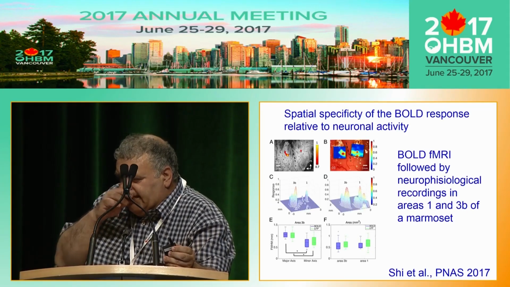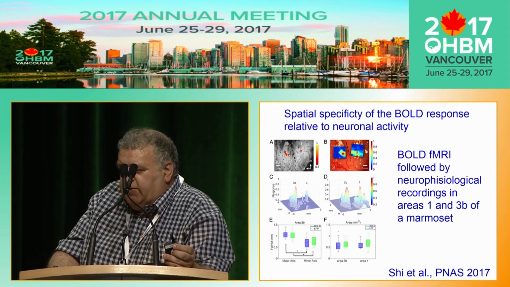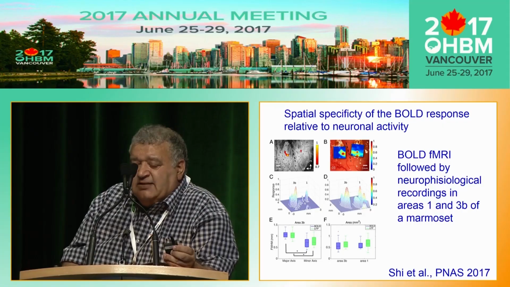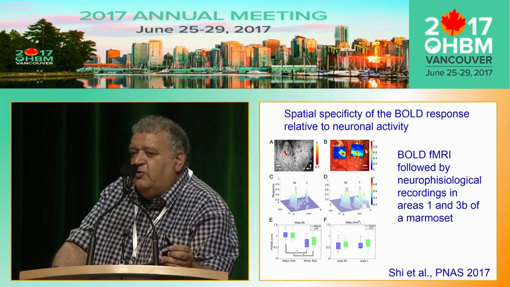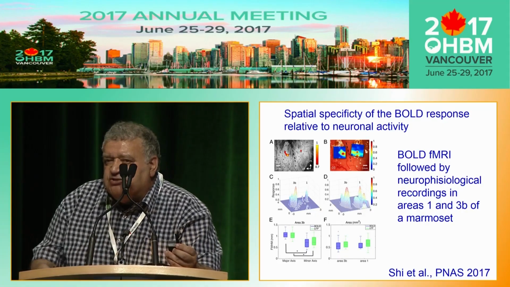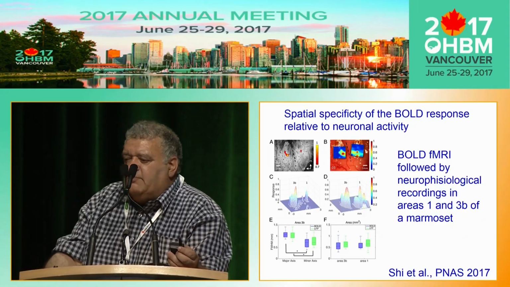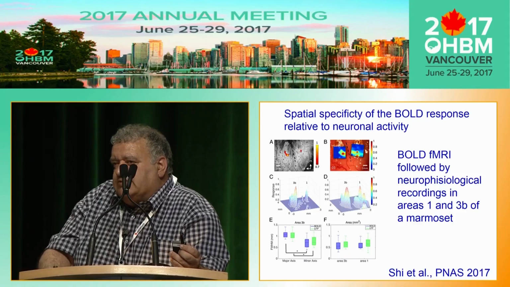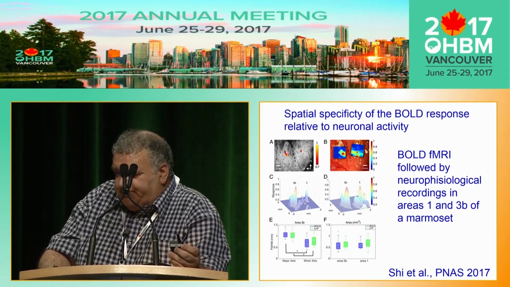Here is a recent study from Vanderbilt University, the lab of John Gore, that imaged BOLD in marmosets, a small primate, to the left, followed by neurophysiological recordings from arrays on the right. So it's not simultaneous, it's in succession. They used the same stimulation of digits and measured responses in the somatosensory region of the marmoset.